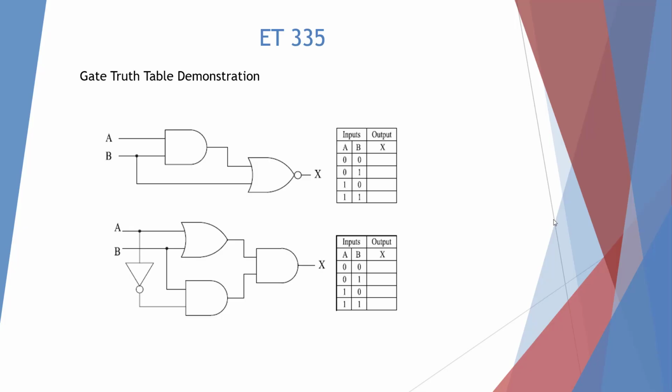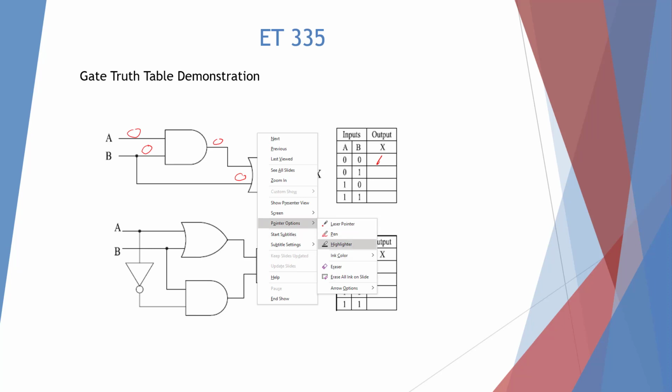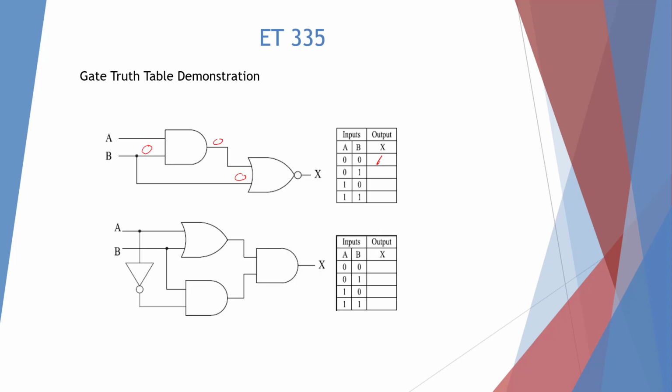I'm going to demonstrate our gate truth table homework and scribble quiz here. I've got some examples. The first thing we do is just go through the truth table. First is 0, 0, which is a 0. Then 0, 0 is a 1.